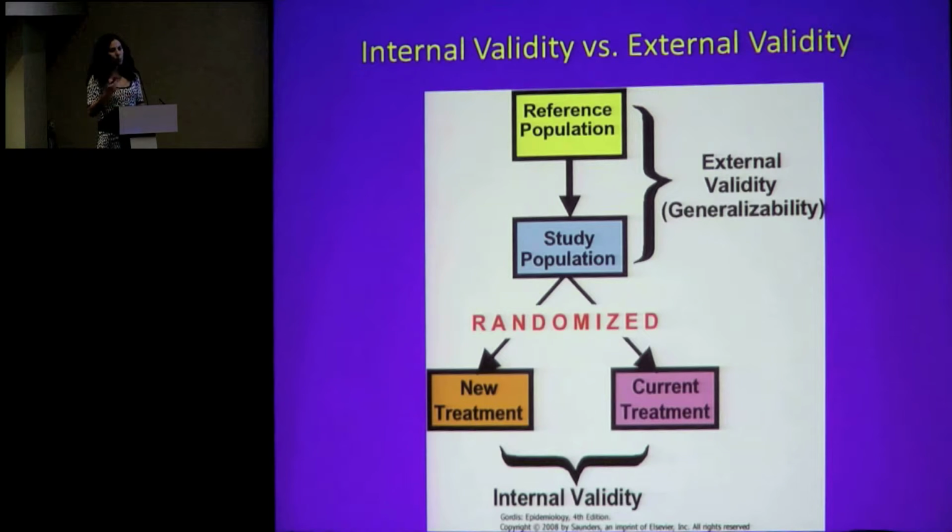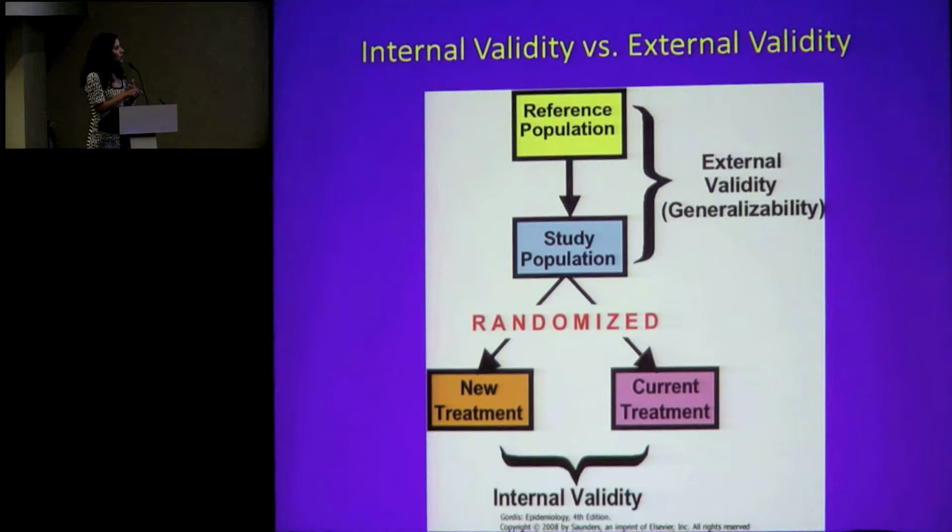So here I want to bring the concepts of internal validity and external validity, and this refers to how representative your results are in terms of your conclusions from your study. If through randomization you can achieve good internal validity of your study, basically that means that whatever your conclusions from the study are, they actually apply to the people who participated in the study.